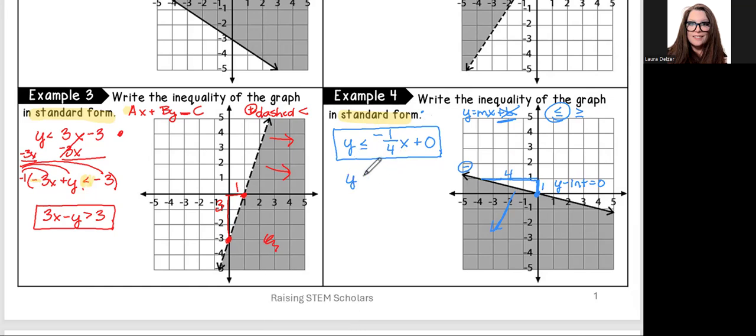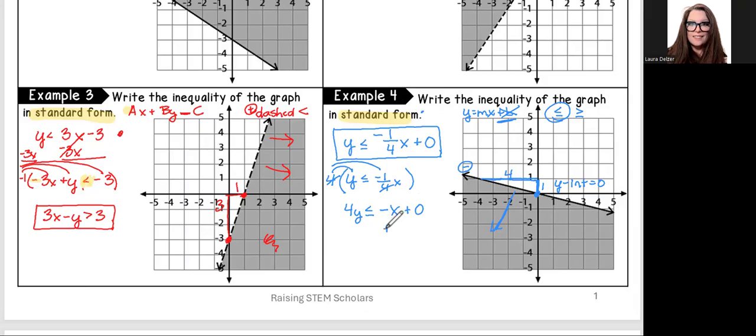When you have that fraction, when you go to put it in standard form, the best thing to do is to multiply by whatever's in the denominator to get rid of it. So we've got 4 times y less than or equal to, and when we multiply, this cancels out and this cancels out too. So we just have negative x. And we can write this plus 0 if we want to, because when we go to put it in standard form, a weird thing is going to appear.